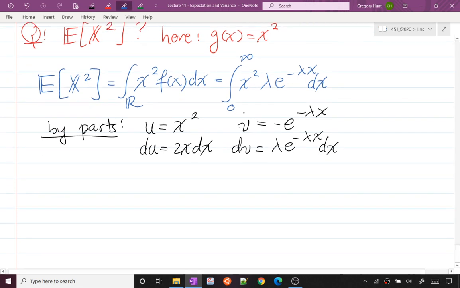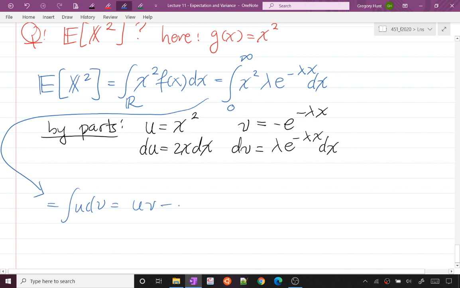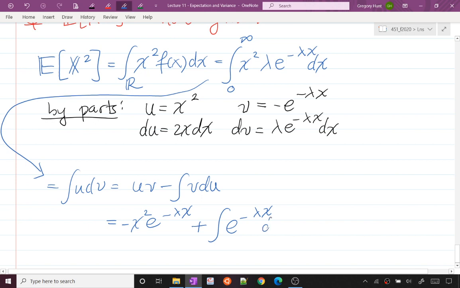This is the integral of u dv, which of course is uv minus the integral of v du. And uv is x squared times negative e to the negative lambda x, minus the integral of negative e to the negative lambda x times du, which is 2x dx.